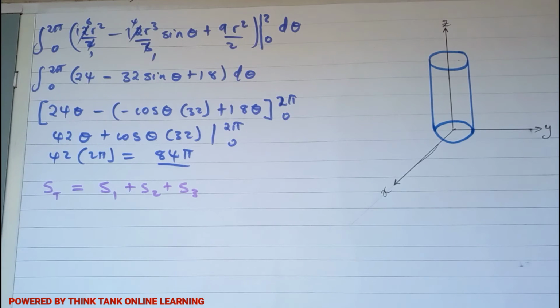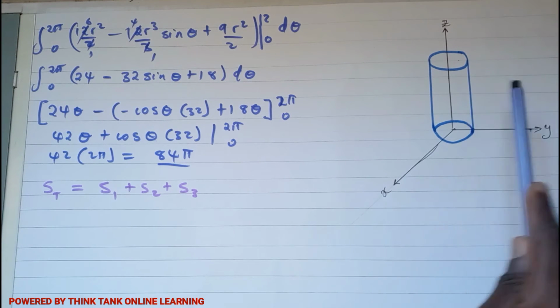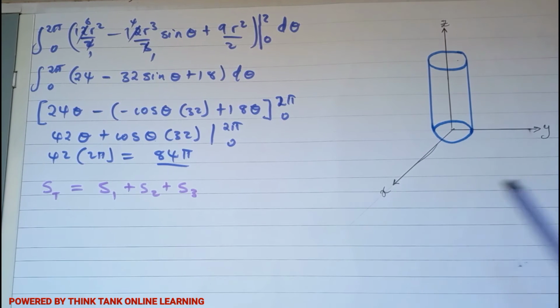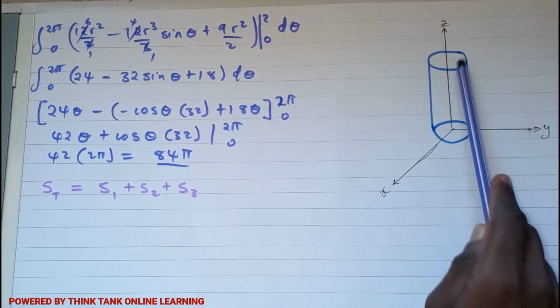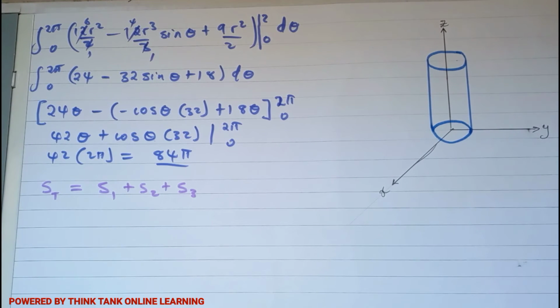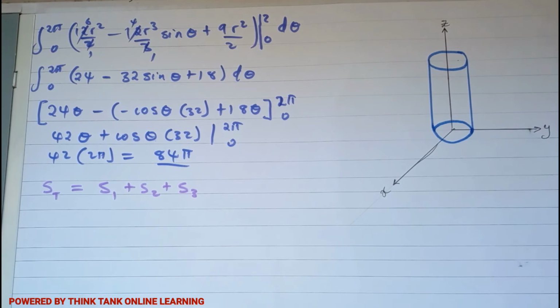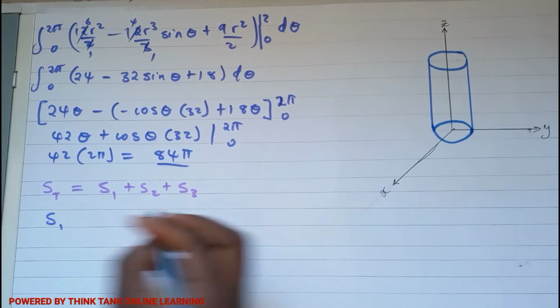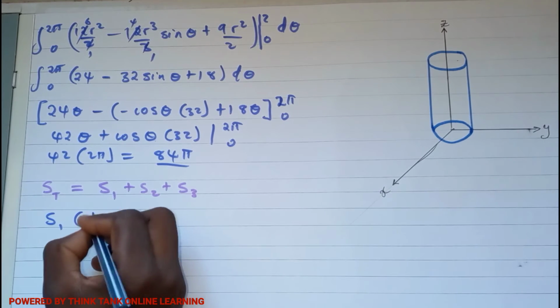So the total flux of this surface is going to be the flux at the bottom surface, plus the flux at the second surface, which is the cylindrical surface, plus the flux at the top of this cylinder. So that I won't get confused, for surface number 1, let me just write bottom surface.